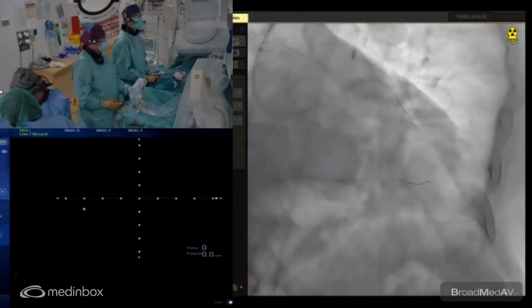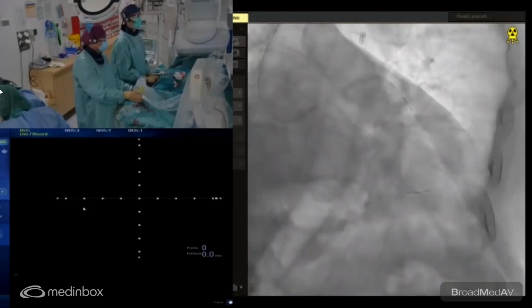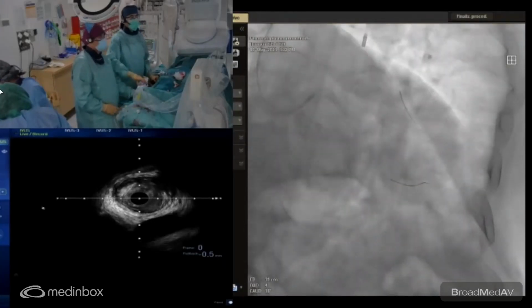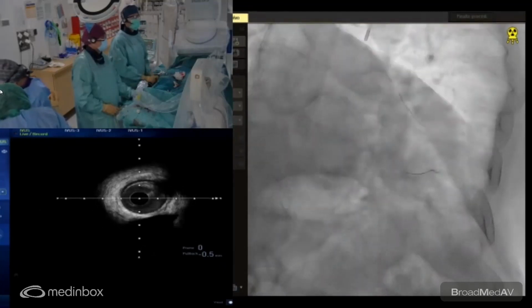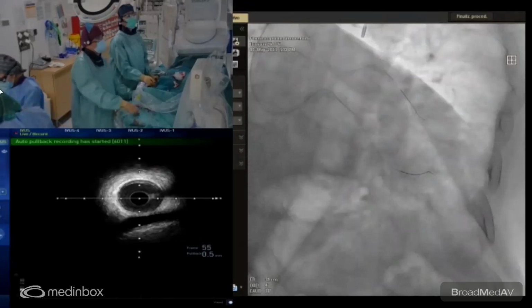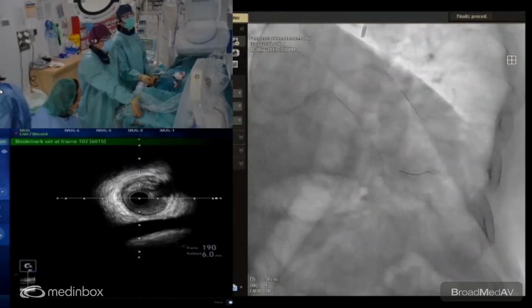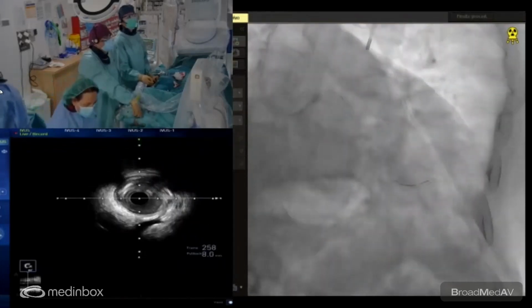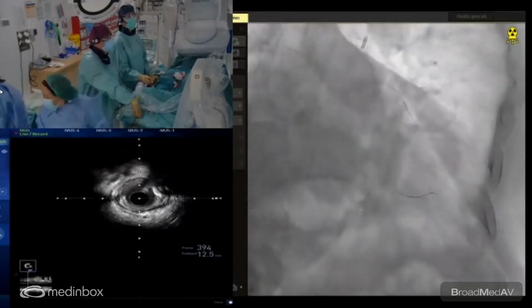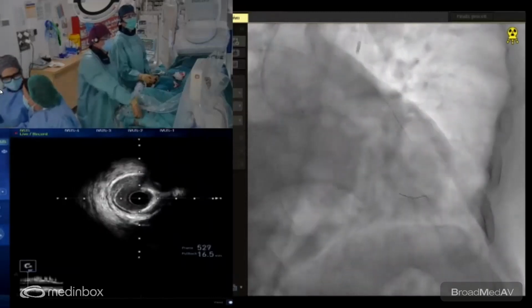Let's see if the IVUS crosses because it's so tortuous. I think it's crossing, and probably I am near the distal landing zone. Probably a little bit far there. Okay, it's a small vessel here, probably 2.0. Out of plaque there, some calcification, but not severe at this point.